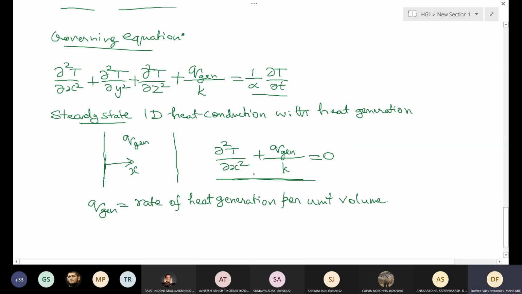If you want to do the bottom-up approach, that means you consider an element in the wall and write the heat balance for that, and you will have the same equation. Bottom-up, or from the fundamental principles, you can derive the same thing.